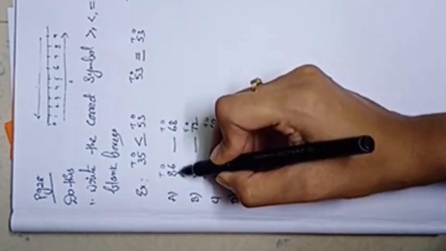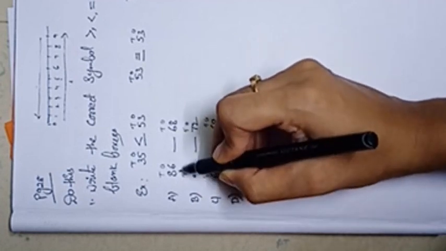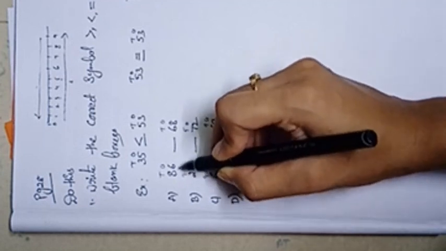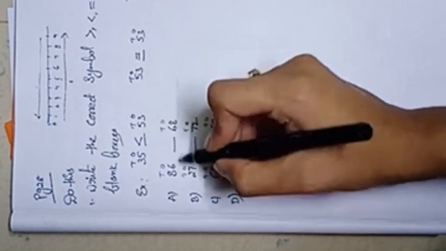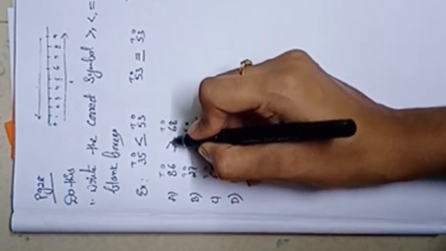Now in tens place here I have 8 and here I have 6. So you know very well that 8 is greater than 6. So automatically this 86 will become greater than 68. So the crocodile wants to eat 86, so towards 86 it will open its mouth.